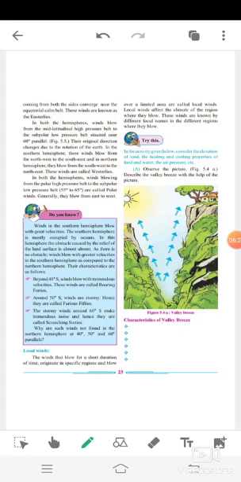Now, on the basis of the direction of blowing, the duration, the region covered and the condition of air, winds are classified into the following three types: planetary winds, local winds, and seasonal winds. Mostly winds are known by the direction from which they blow or by the region in which they blow.